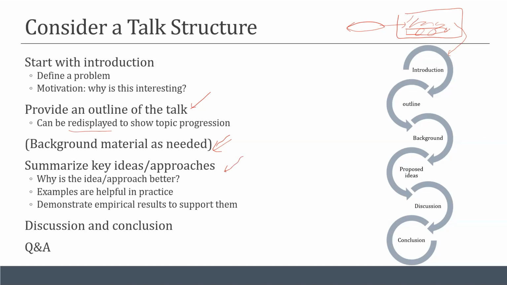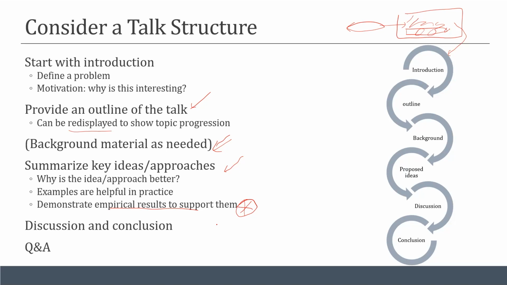Examples are helpful, and you should demonstrate your experiments and empirical outcomes to support your ideas. This is also important, and people will acknowledge that this is good work, and the idea looks like it works based on the empirical results.